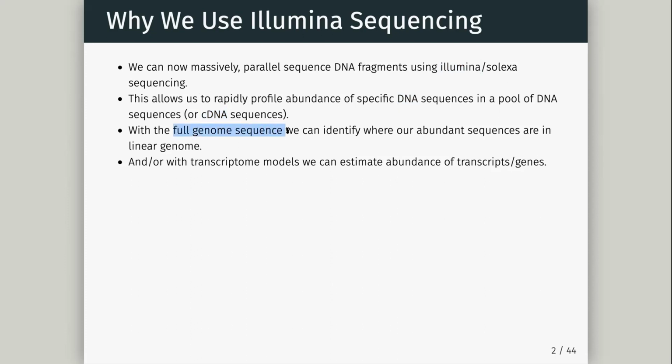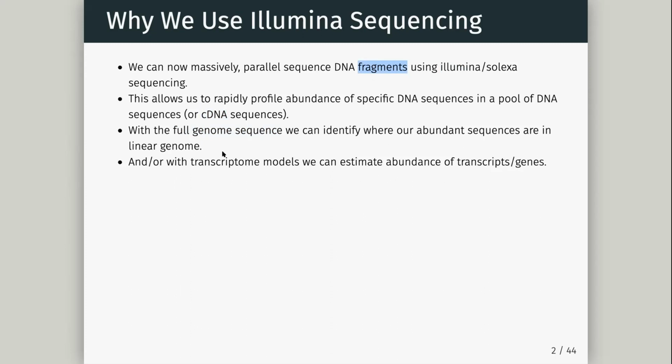Because now we have the full genome sequence for our major organisms, or even less major organisms, we can actually use the full sequence to align, map our DNA fragments from our data to the full genome. And then we can get an idea where our sequences are mapping.